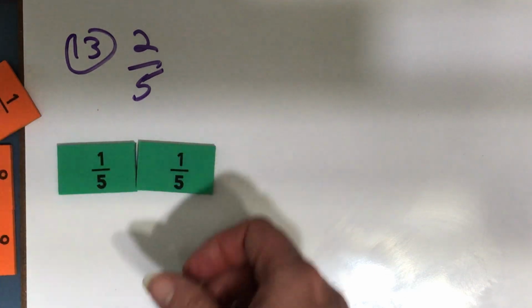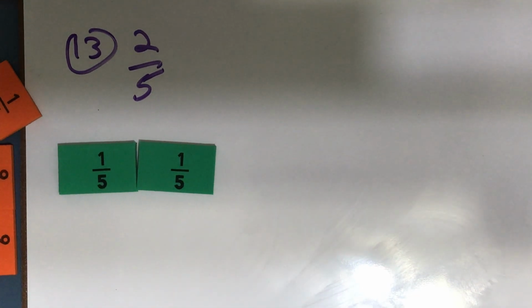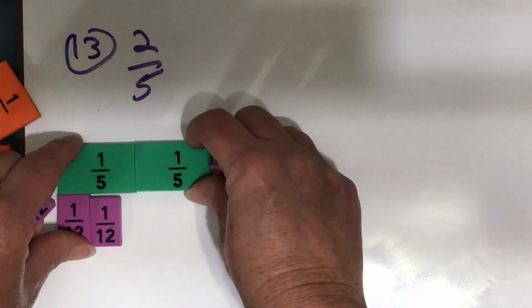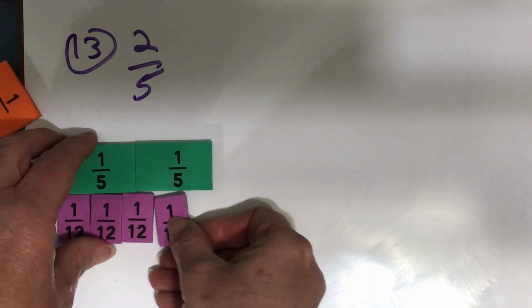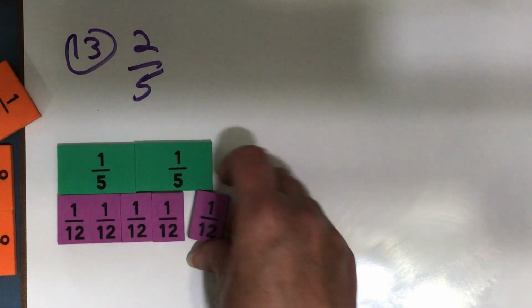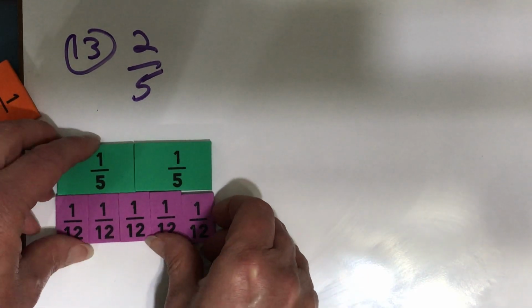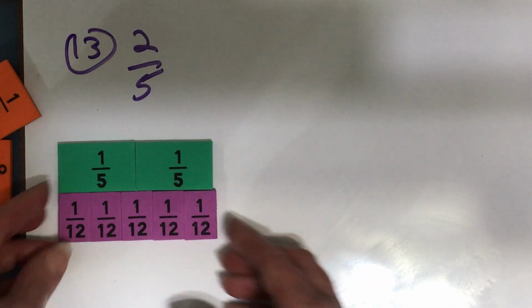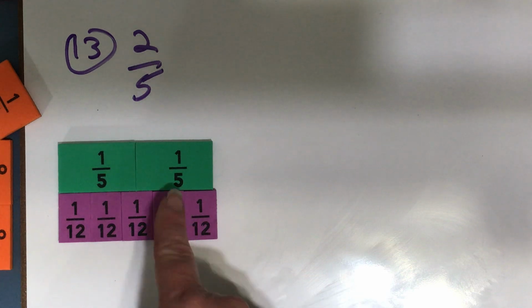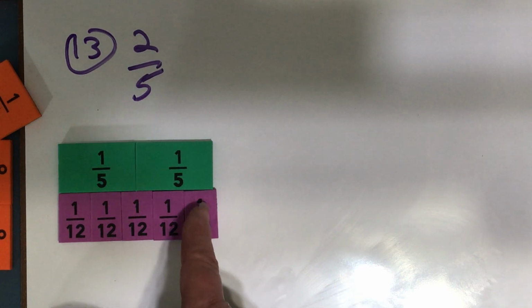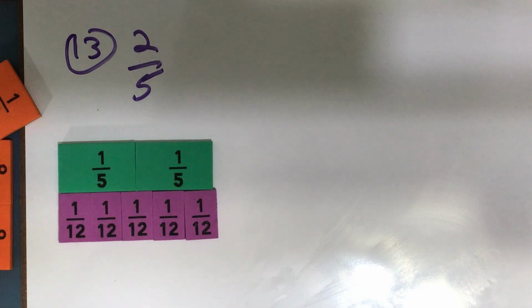and I'm going to try my 12ths. Let's see if I have any 12ths that will equal 2/5. Okay, that looks close, but if you look carefully, you can see that 1, 2, 3, 4, 5/12 is just a little bit bigger than 2/5.